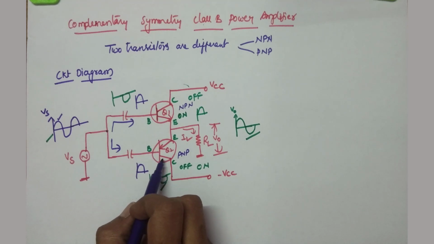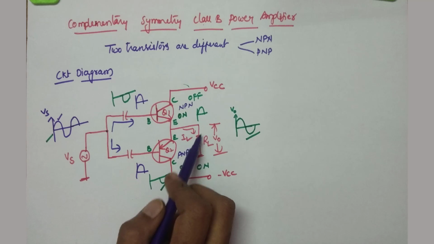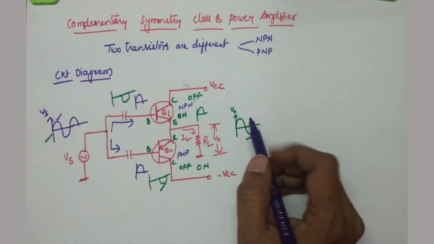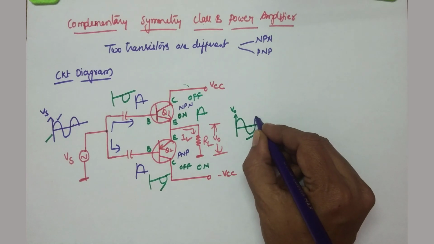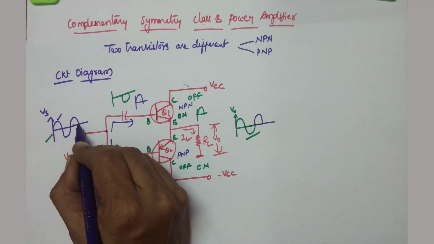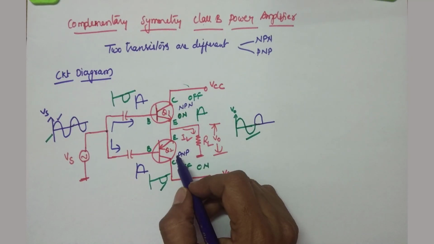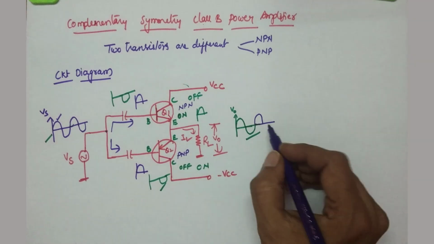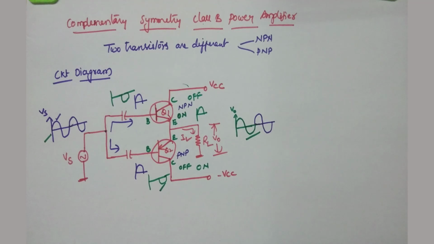Q1 on, Q2 off. As Q1 is on, its output current is in the shape of this positive half cycle, so V0 is also in the shape of a positive half cycle. For the next negative half cycle, Q1 becomes off and Q2 becomes on. So now your emitter current is in the form of a negative half cycle.